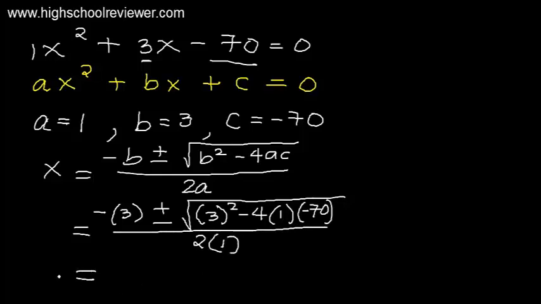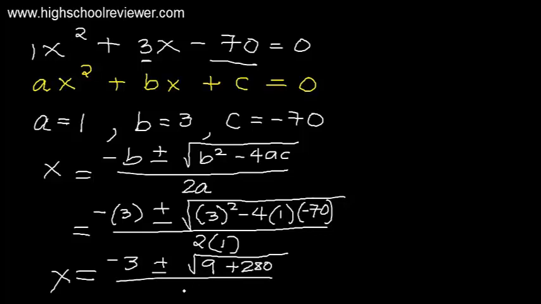So we will have here, our x here will be negative 3 plus minus the square root of, okay, 3 raised to the power of 2, that will be positive 9, and 4 multiplied by 1 multiplied by negative 70, this will be positive 280, all over 2 times 1, that is 2.